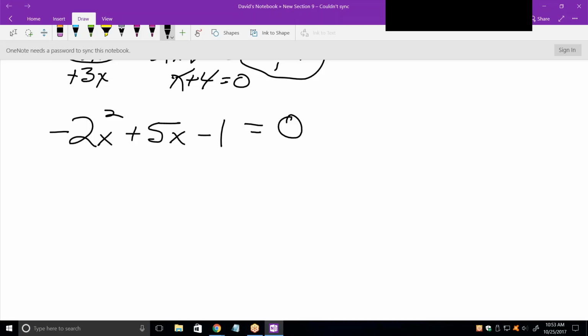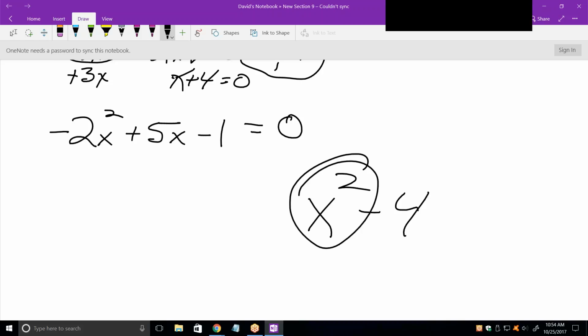So, is it difference of perfect squares? I don't think so. It's never going to be that if there's an x term. It's only going to be that if there's 2 terms, like x squared minus 4, where they're subtracting and there's another perfect square there.